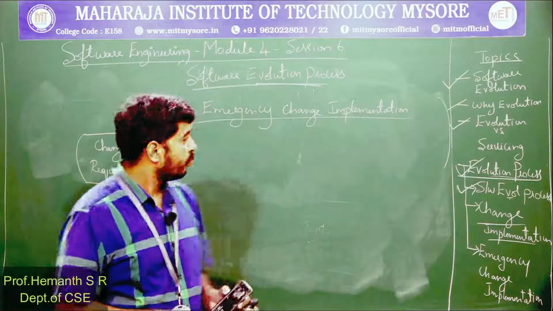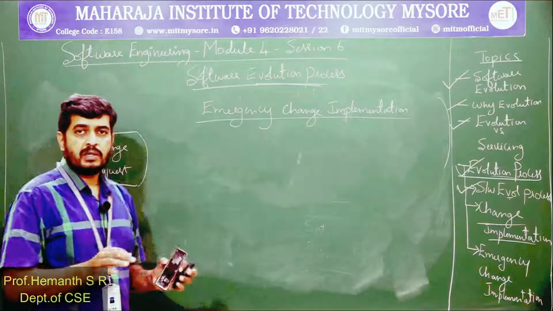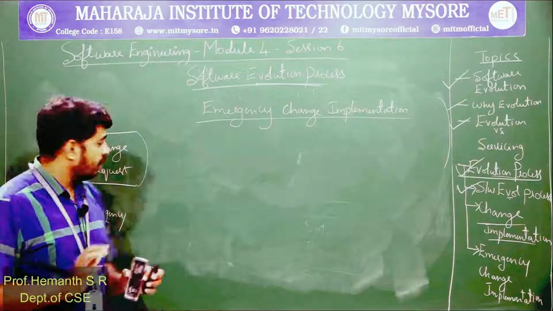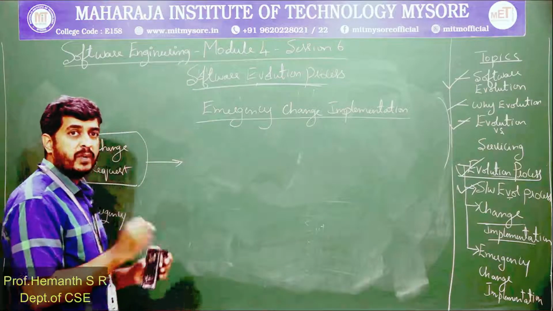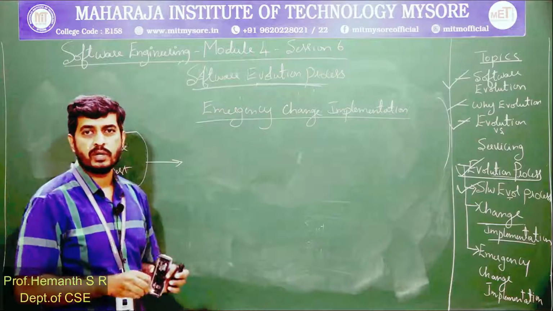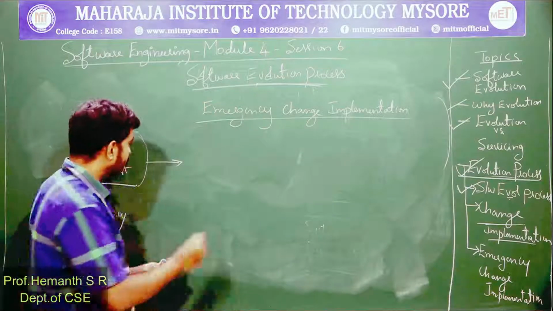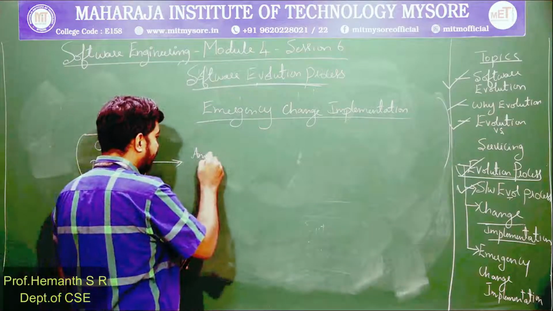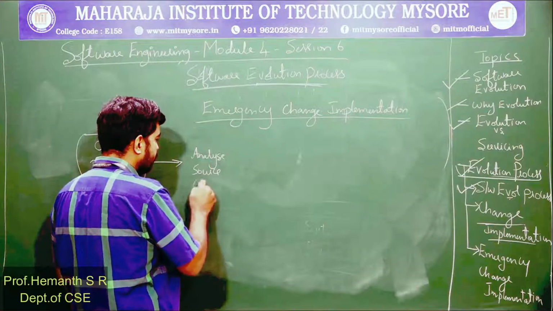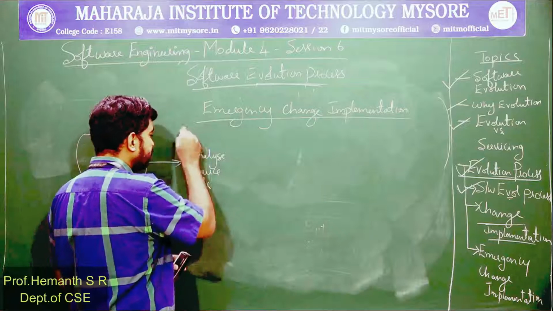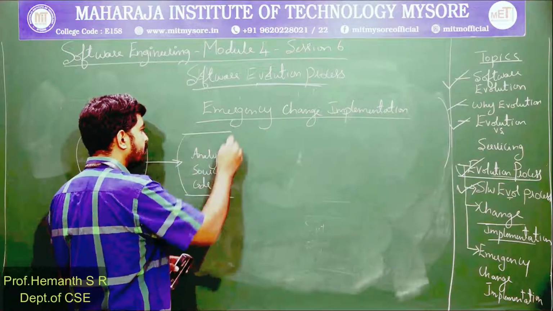So now if the change needs to be done immediately, what will be the change in the process? We will bypass all the other stages. We will take this request and immediately go directly into the source code. We will analyze the part of the source code that needs to be changed to reflect this new requirement.